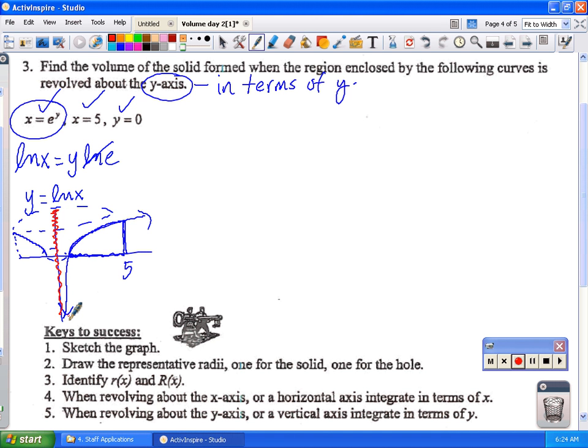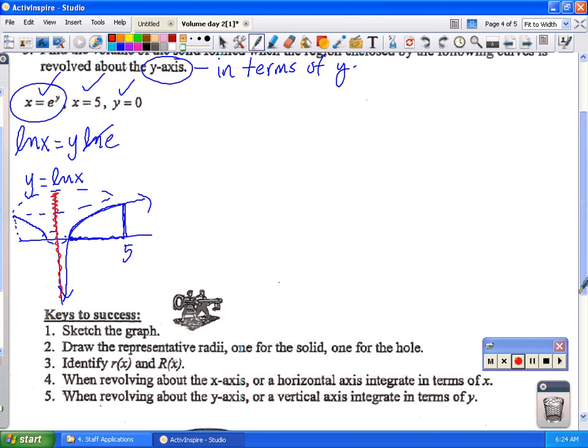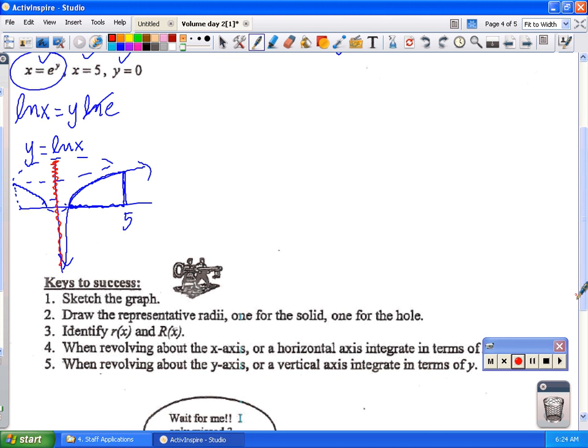So this time we're going to have, just like before, an outer radius and an inner radius. We'll have a big R of y, and we'll have a little r of y. Big R of y is the distance from the axis of revolution to the outer radius, which in this case is always 5. Makes it kind of easy.